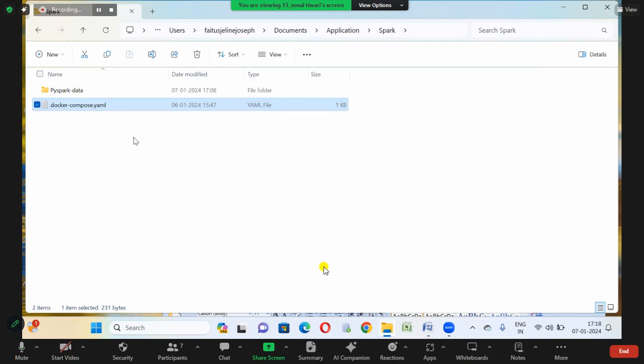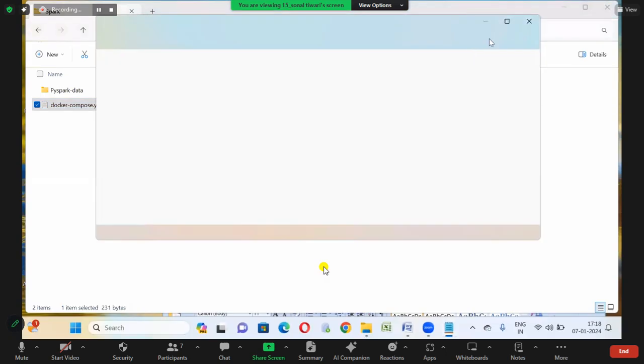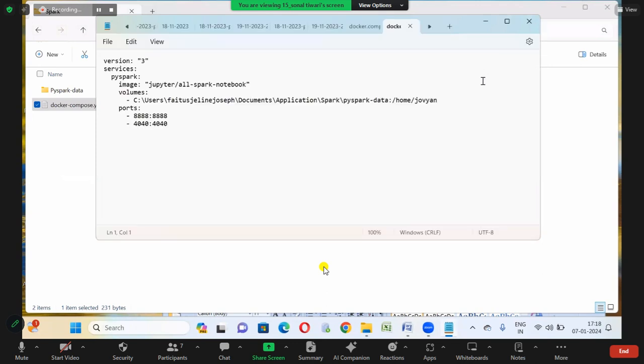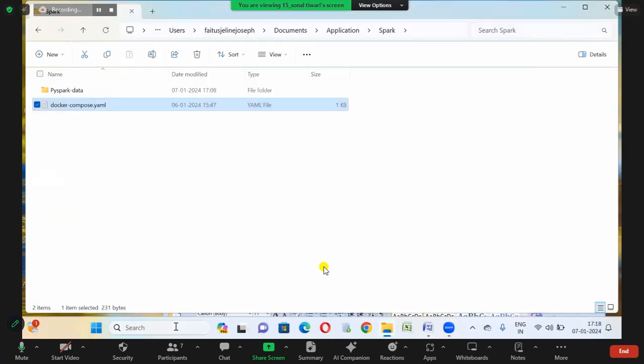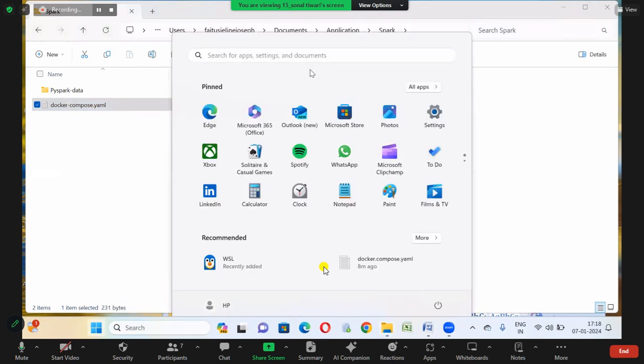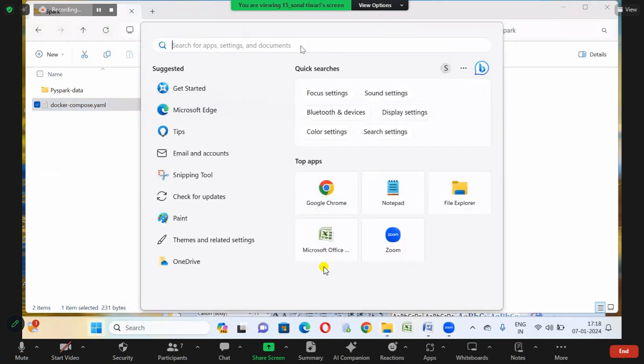Okay. Now just open that file. We will see once. Okay, you have all the things properly set. Okay, now you run that. Now it will work. Go to the command prompt, maybe if you have opened.